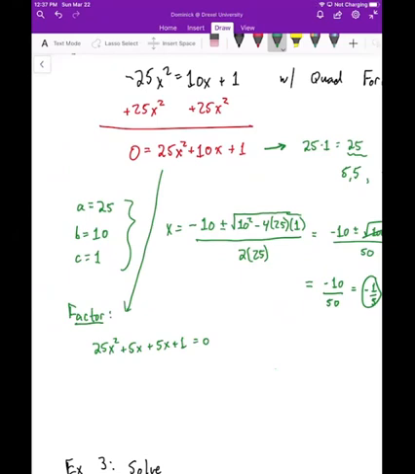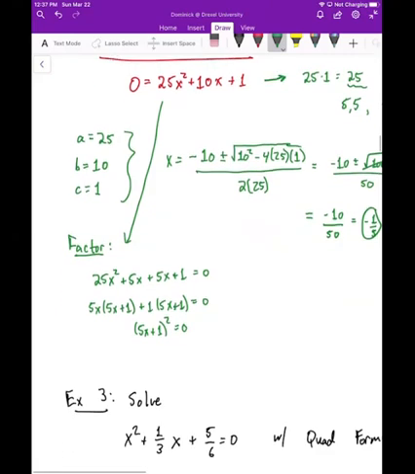Once you factor by grouping, you get 5x times 5x plus 1 plus 1 times 5x plus 1. So you get 5x plus 1 squared is equal to 0, and if you solve that, you do get negative 1/5. Of course, you could do that either way, but again, we just show the quadratic formula here.